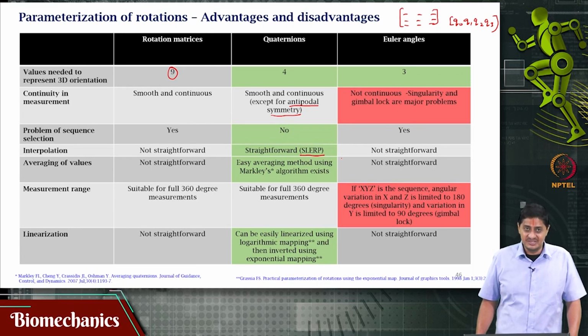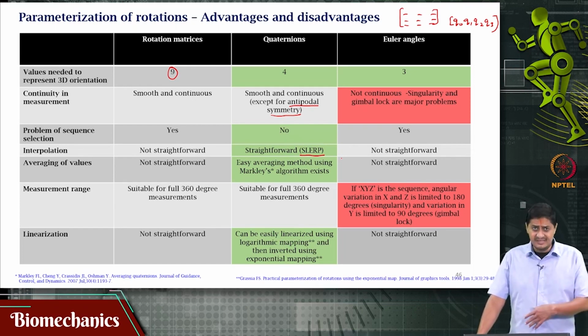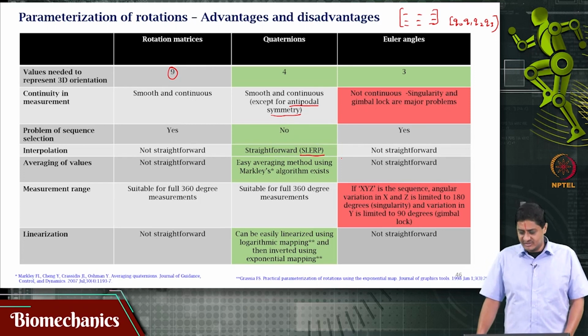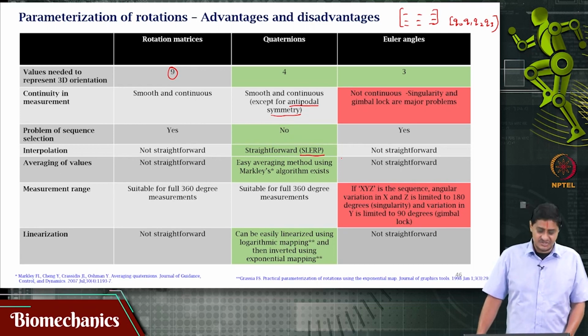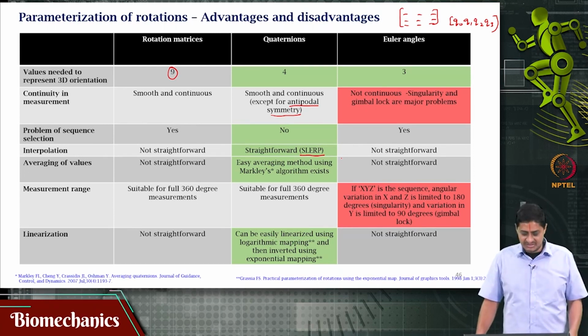Now, everybody is using the SLERP algorithm to interpolate. So, although interpolation is not straightforward in all three, it has been made straightforward in quaternions by the SLERP algorithm. Similar simple, straightforward algorithms for interpolation of Euler angles and rotation matrices do not exist, or are not yet available. At least they are not simple or straightforward.